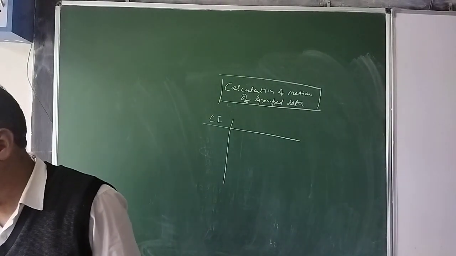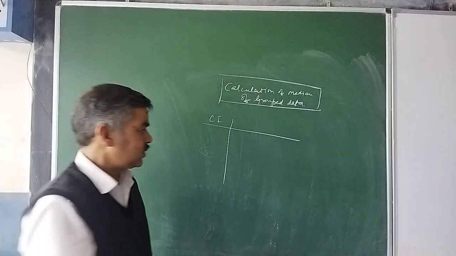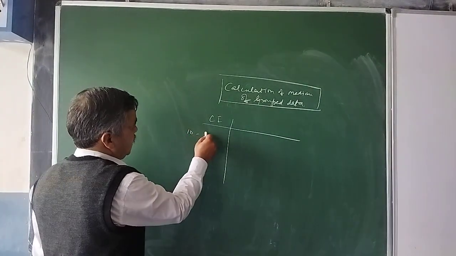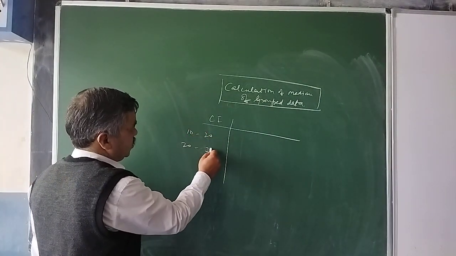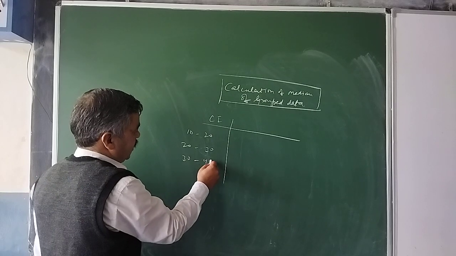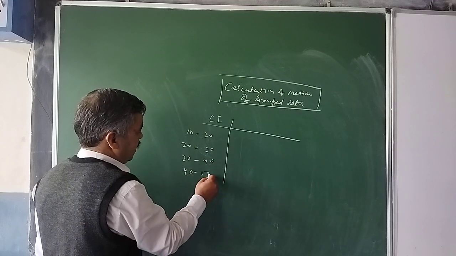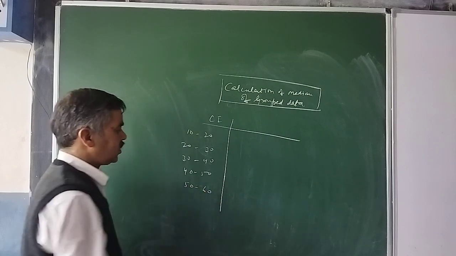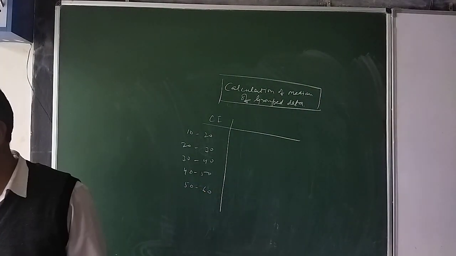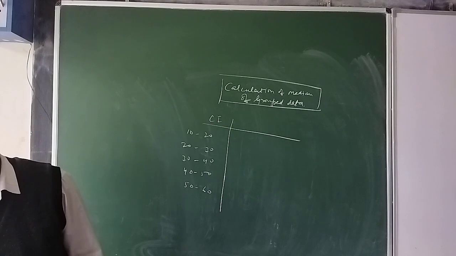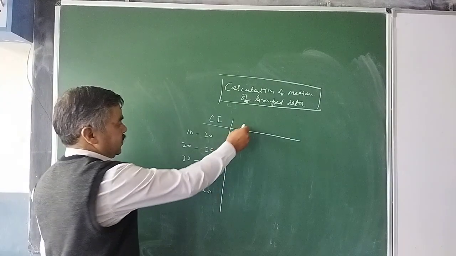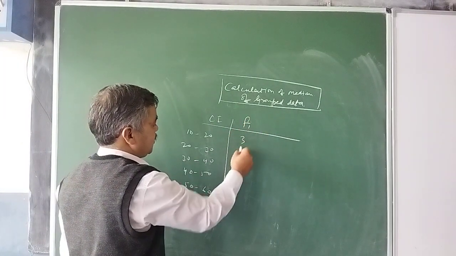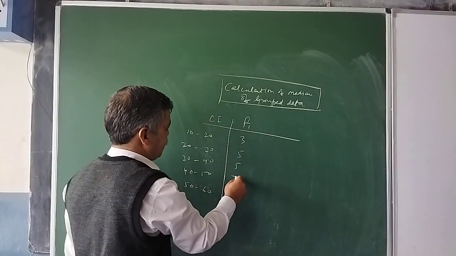Suppose I am taking here the class intervals like 10 to 20, 20 to 30, 30 to 40, 40 to 50, and then 50 to 60, something like that. And then the second column, the frequencies. The frequencies for that are 3, 5, 5, 7, 5.